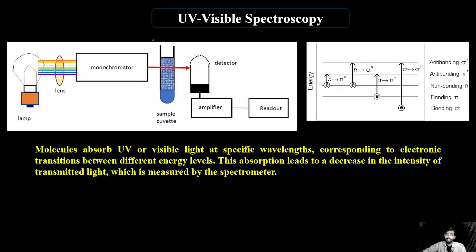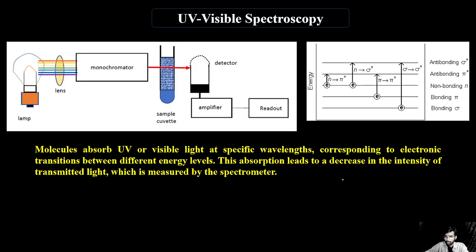So spectroscopy means that here we are using some wavelength. It may be UV, ultraviolet ray, maybe visible, maybe infrared, or maybe some radio. I hope you know the different kinds of wavelength, right?